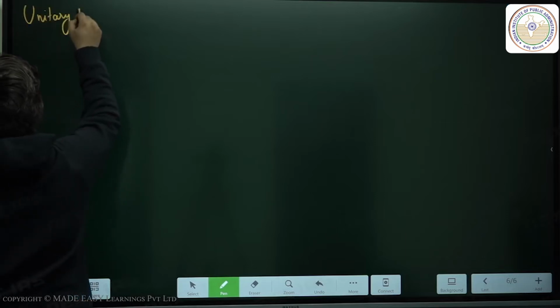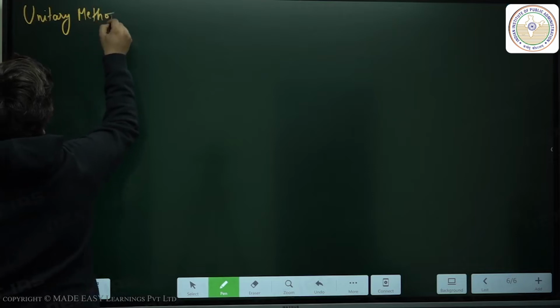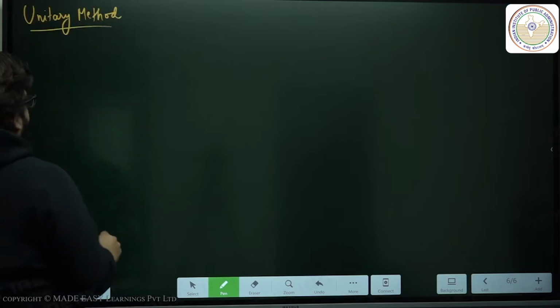Now, let's understand what is basically called the unitary method. Tension ही नहीं लेनी. Unitary method.